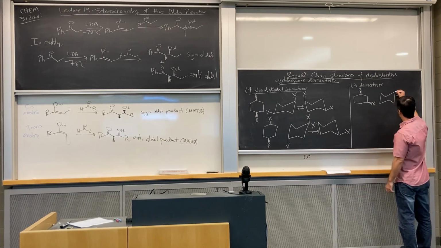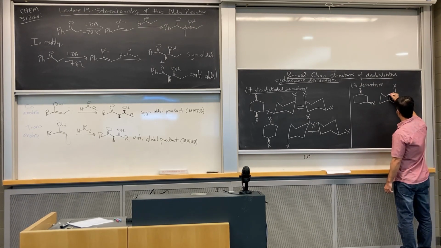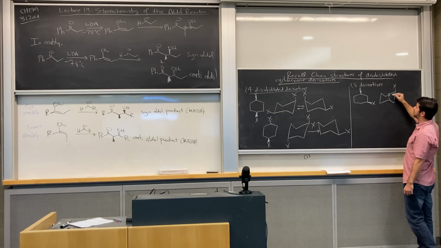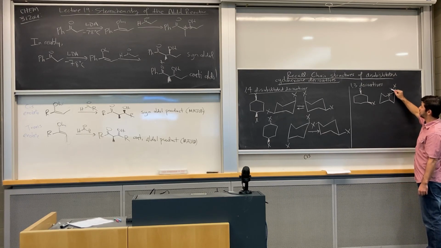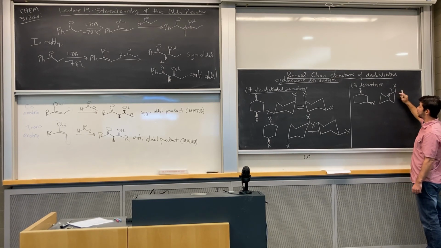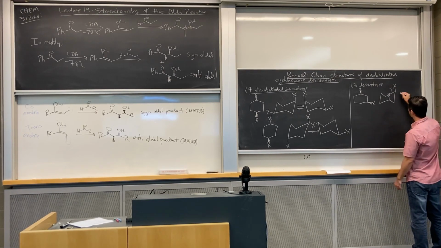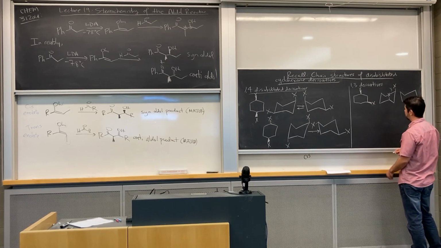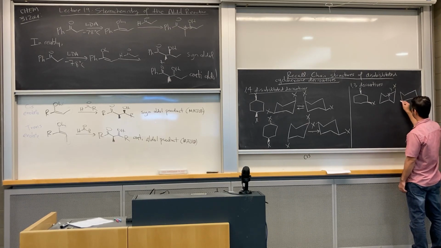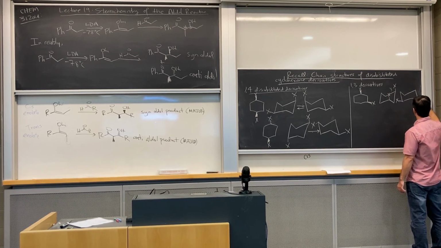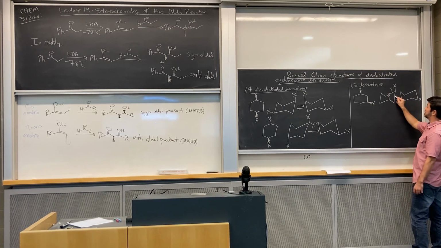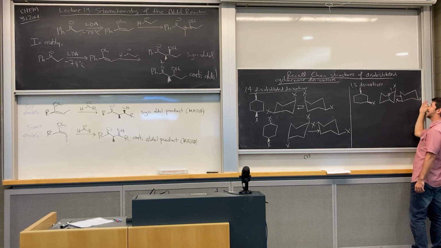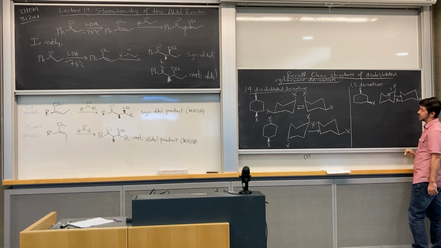You're going to have these two X groups that are axial. You can see you're now generating a lot of 1,3 diaxial interactions, which is not favorable. However, if you flip that chair, you are now going to put those groups in the equatorial position, which makes it much more favorable. So the equilibrium will lie heavily on this side, just a little bit on that side.